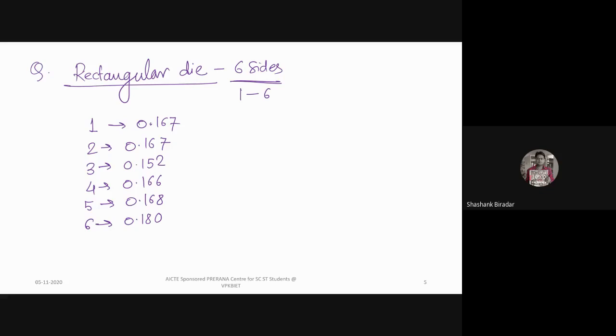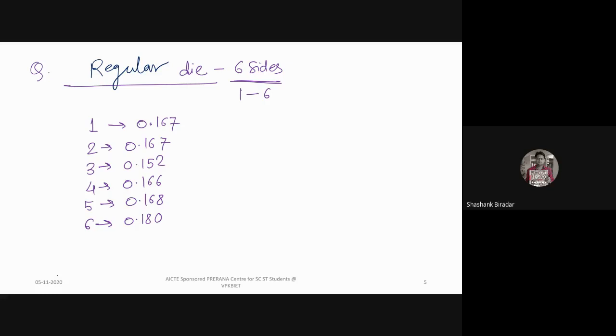Sorry, mistakenly, it is not a rectangular die, it is a regular die. So a regular die has 6 sides with the numbers 1 to 6.